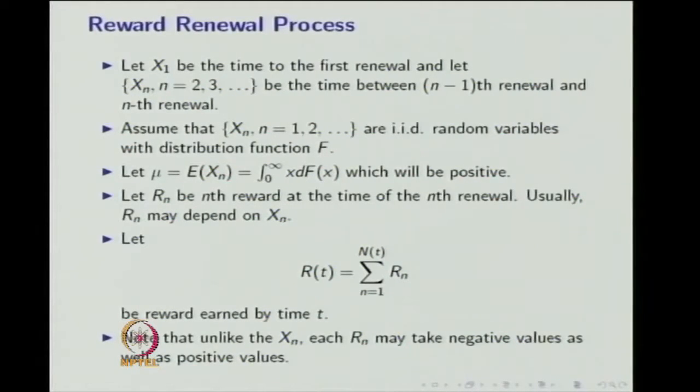Note that unlike the Xn, each Rn may take negative values as well as positive values. The Xi's are the inter-arrival times of the renewals, whereas the rewards may take negative as well as positive values.